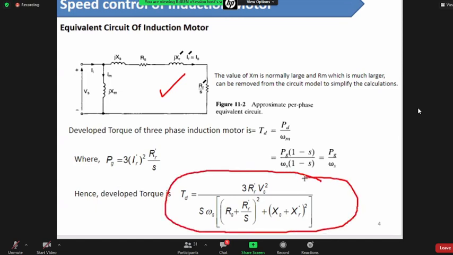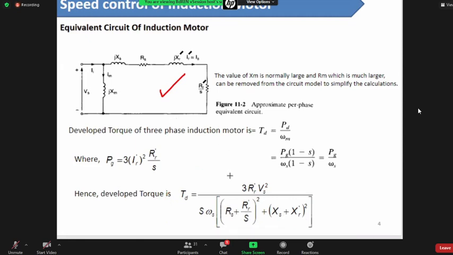The parameters inside this expression are all coming from this equivalent circuit: rotor resistance, stator supply voltage, omega as the synchronous speed, slip for this induction motor, and you have Rs, Xs, Xr as well. All these are present, and they come from this equivalent circuit.